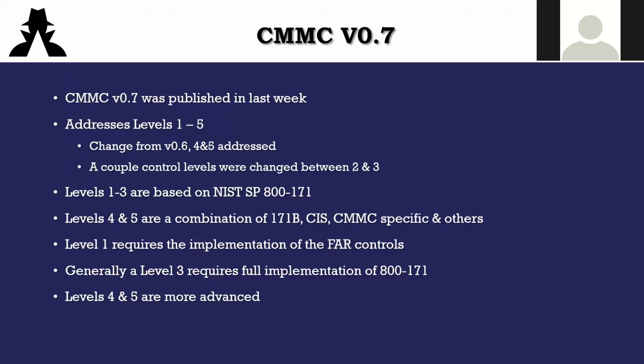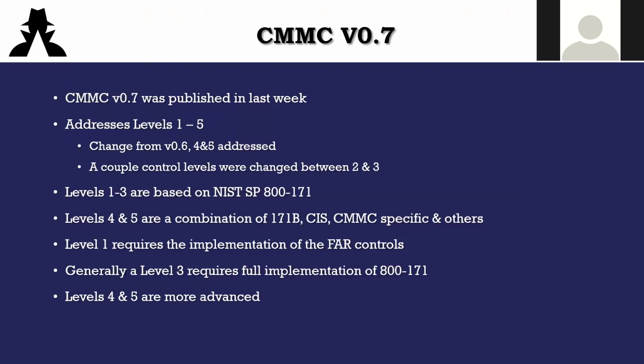If you hold CUI, you're going to be at 3. If you don't hold CUI, you're going to be at level 1 and 2. Levels 4 and 5 really are for specific programs and have some advanced cybersecurity techniques. That being said, and I think I'll say it again later, a lot of these techniques at 4 and 5 are good, and if you can incorporate them into your program, you're certainly recommended to do so.